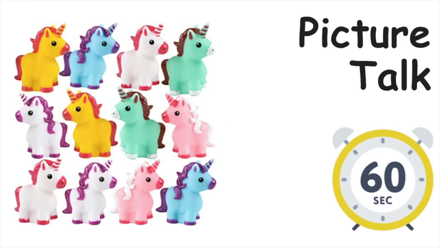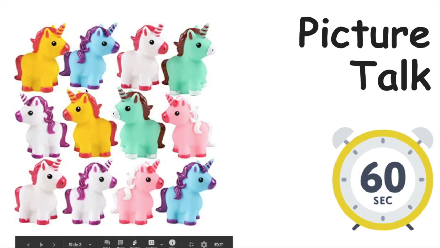So now let's talk about our picture. What are some things that you saw, and what are some things that you noticed? I'm going to share with you some things that I noticed. I noticed that there are 3 rows of unicorn toys. Also, the unicorns are in 4 columns.